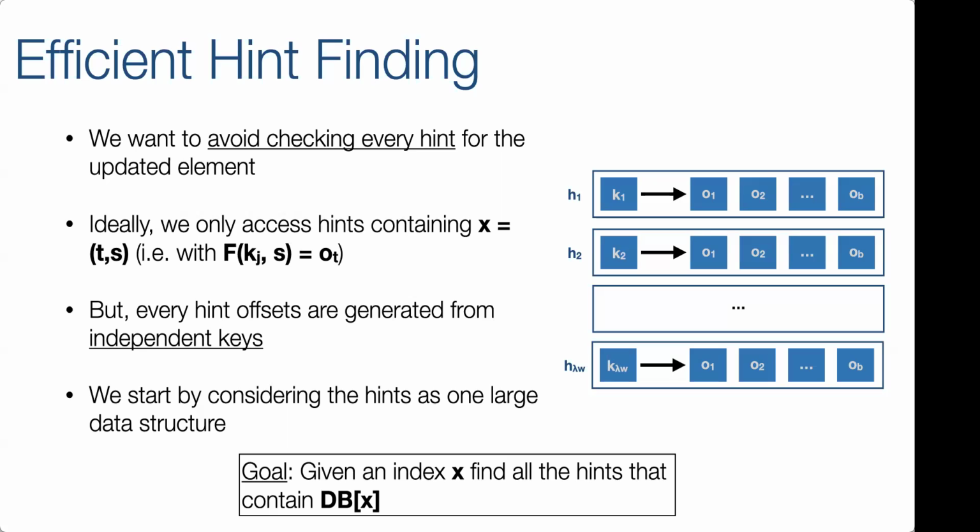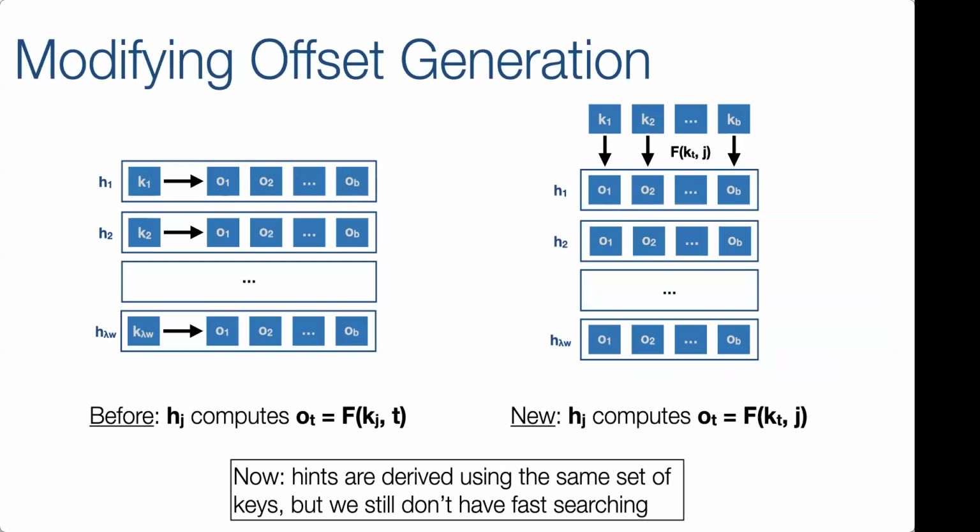So the first insight that we have is to view all of these hints as one big data structure, and to change what I call the hint structure. We're going to change how we're computing the offsets. The first change is how we use the keys. Before, each of the hints had its own independent key.